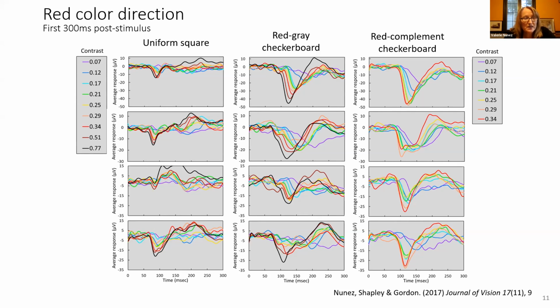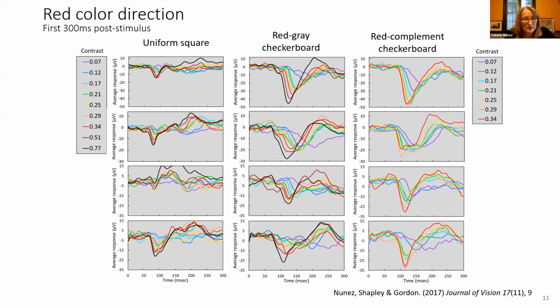This large later peak is different in that its latency does not seem to be constant. Instead, it speeds up with increasing contrast. As you can see, the peaks move to the left. In the red complement checkerboard, there is no evidence of an early peak at all. There is just a large later peak that again speeds up as contrast increases.